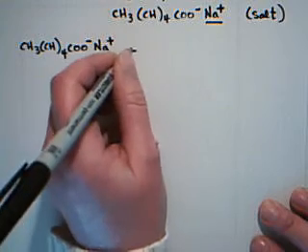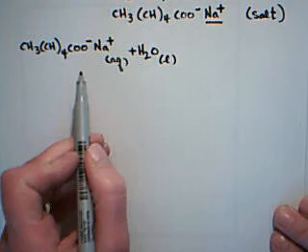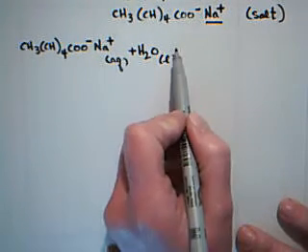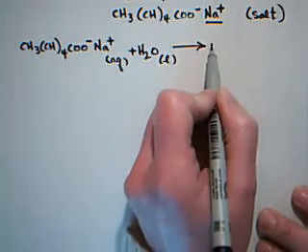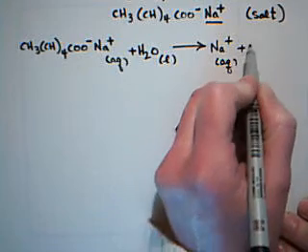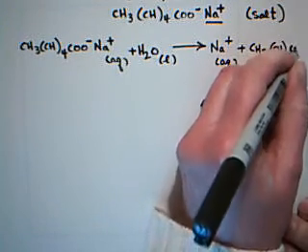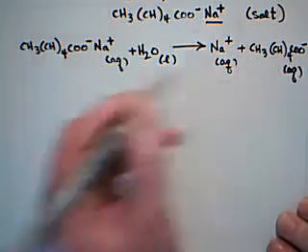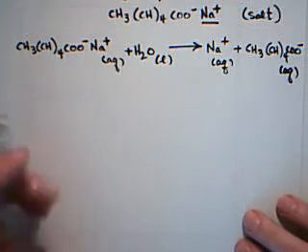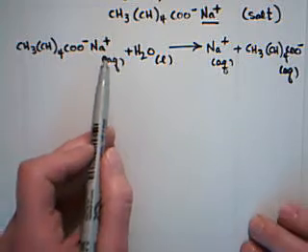So when I put this into water, this is a strong electrolyte. So I actually get a stoichiometric amount of my cation and my sorbate anion. Okay, you would have predicted that. 1 to 1 to 1. So there's no K here because this is stoichiometric, it's 100%, it's just a salt like sodium chloride dissolving in water.